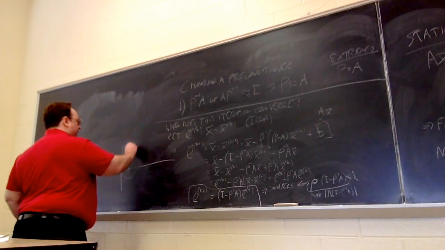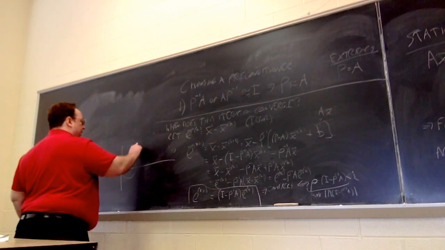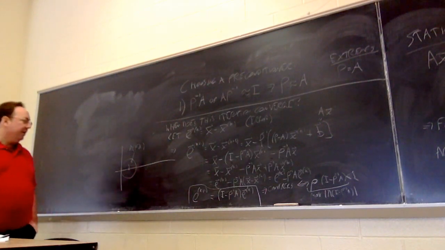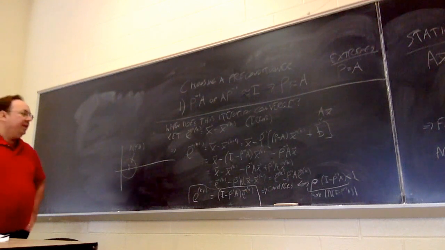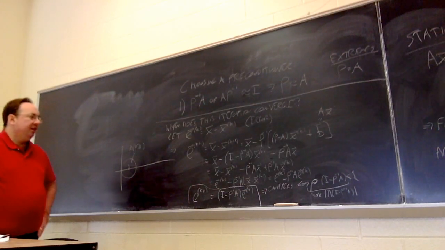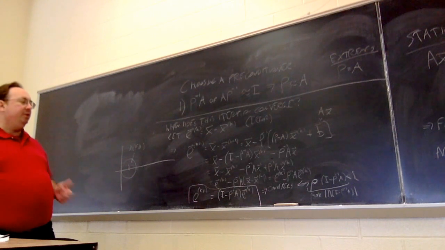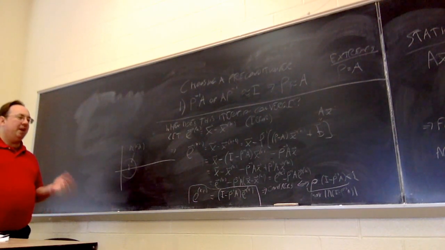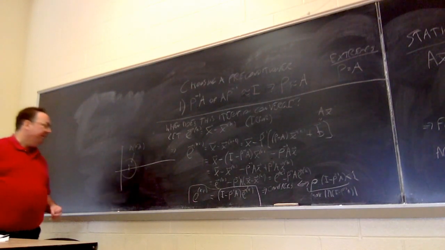So all the eigenvalues of P inverse A must fall within here. Okay. And now you can see from this why P should be a good approximation of A. Because then P inverse A would be a good approximation of identity. So identity minus that would have small eigenvalues, hopefully close to 0. Okay.